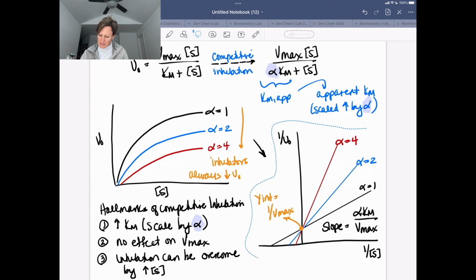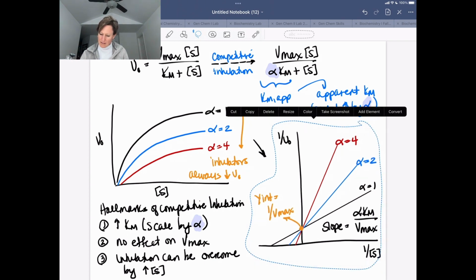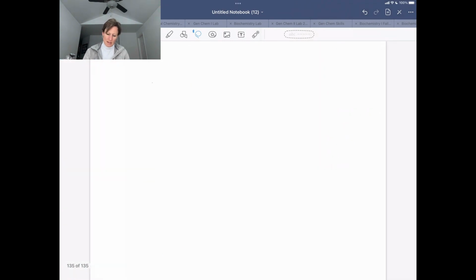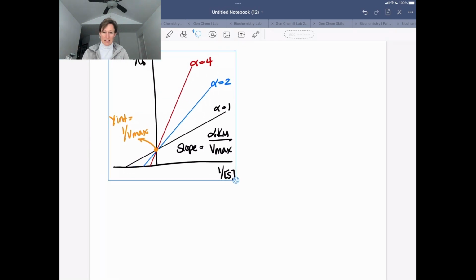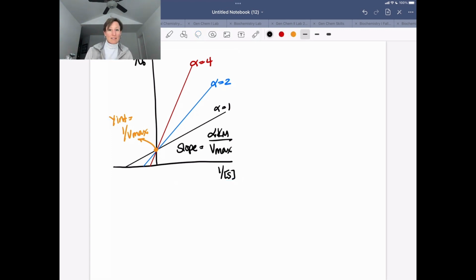The last piece I want to talk about, and I'm going to copy this graph so that I can have it on the next slide, is how we would actually use this data in the lab to obtain some important kinetic parameters.